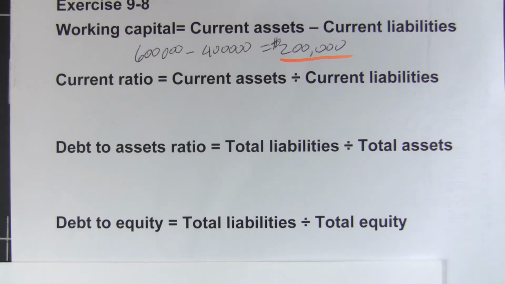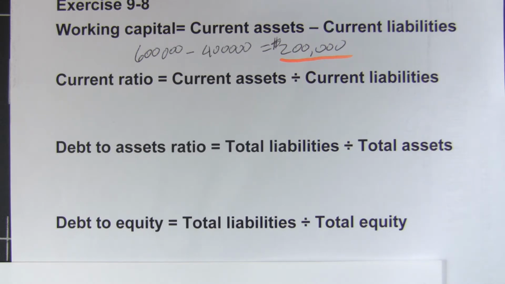It says that we're not right backed up against the wall. If our current liabilities were equal to our current assets, we wouldn't have any flexibility. We would have no ability to take advantage of opportunity that may present itself.